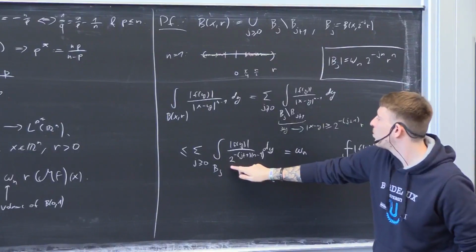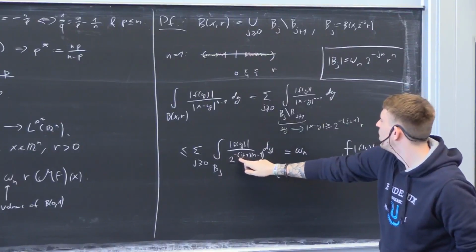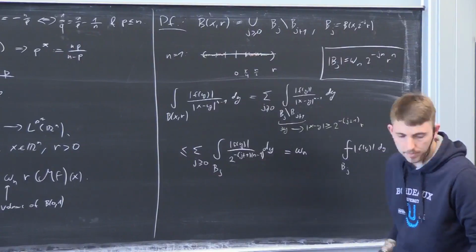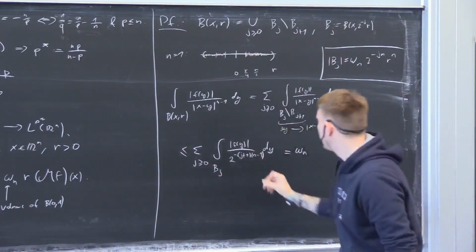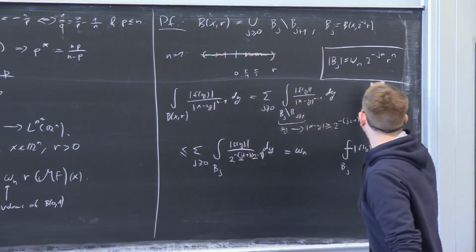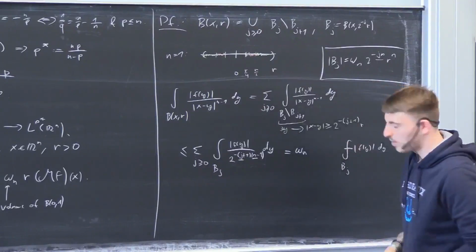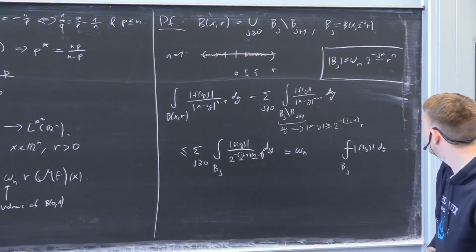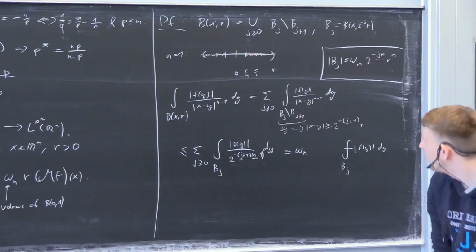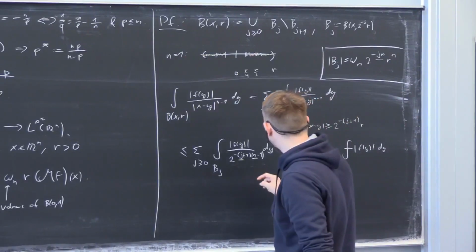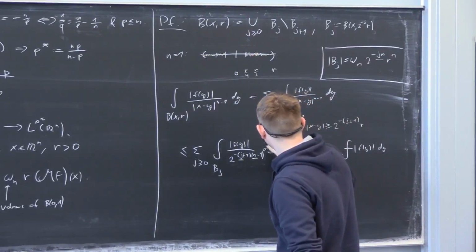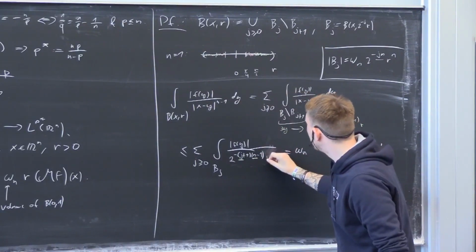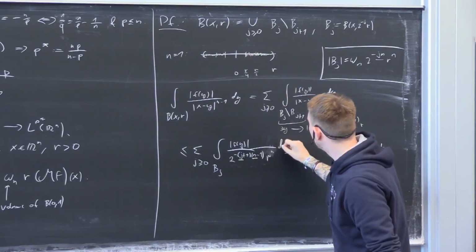So here I have 2 to the minus jn. So this is there. I'm lacking some small typo. Sorry, I forgot to write here this r to the n.